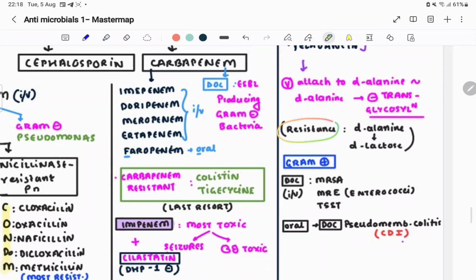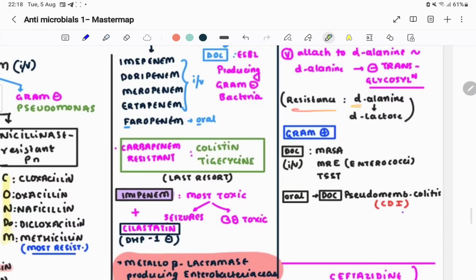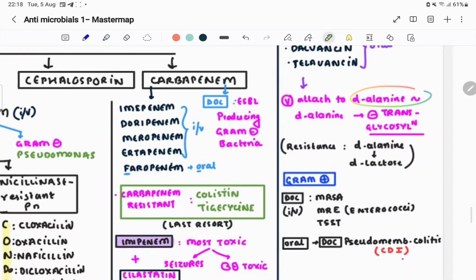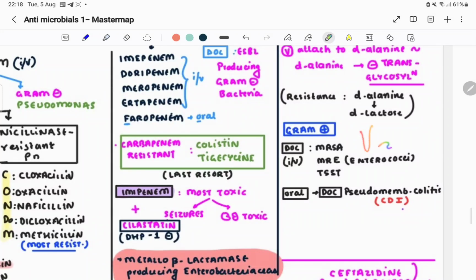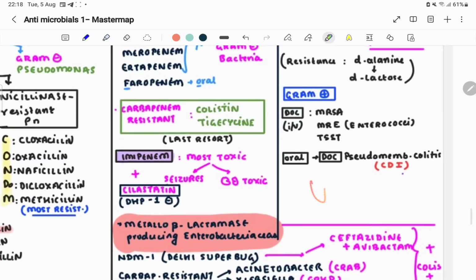But bacteria are very clever. They will change this D-alanine D-alanine to D-alanine D-lactate. Okay, it changes its configuration, so now it is also vancomycin resistant. Okay, it is called VRSA.